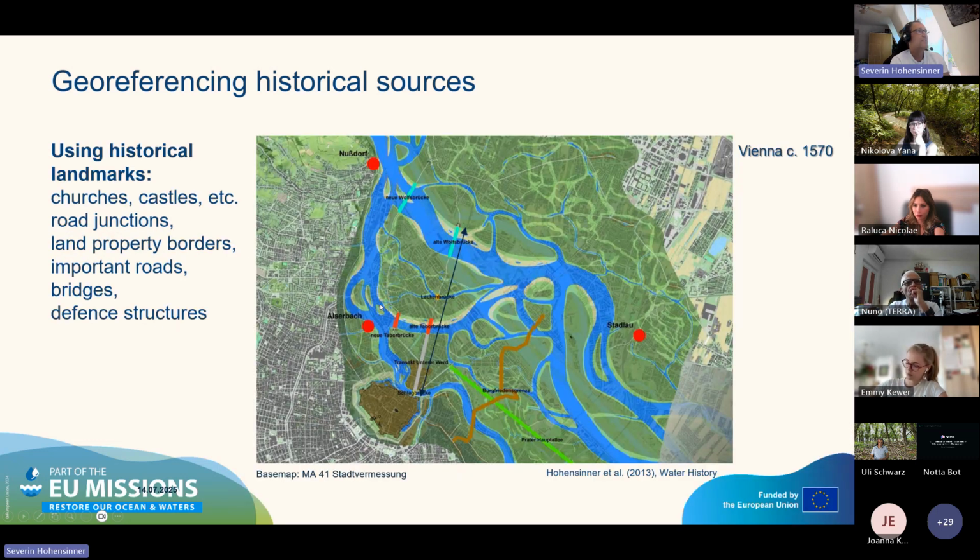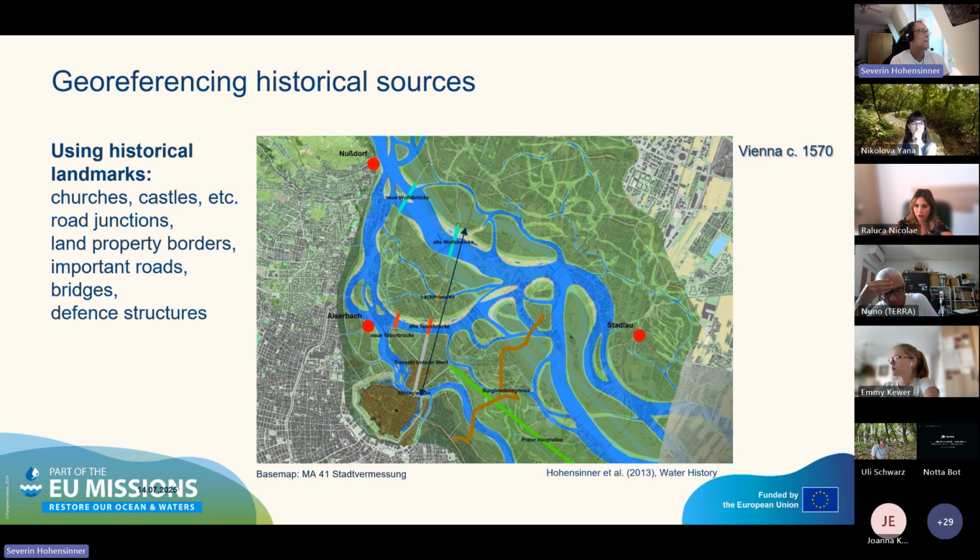How can we georeference such historical sources? We use historical landmarks. Here's the situation of Vienna, the river landscape in around 1570. We use important buildings like churches, castles, palaces, important road junctions that are remarkably stable over a long time, often over centuries.